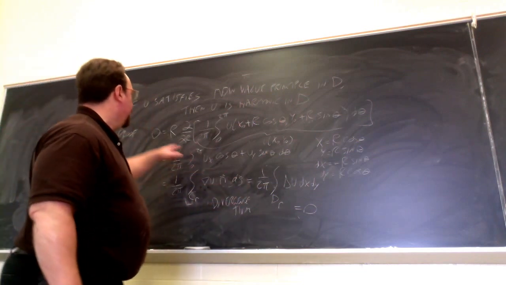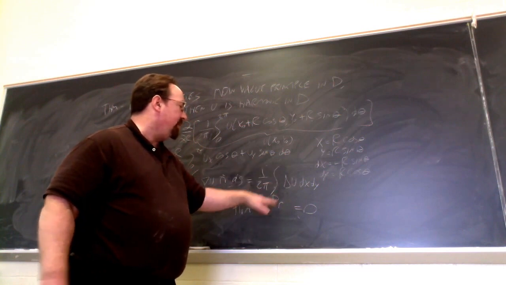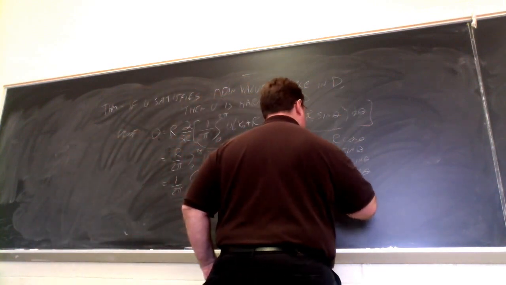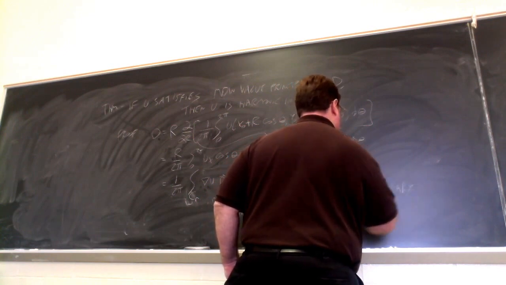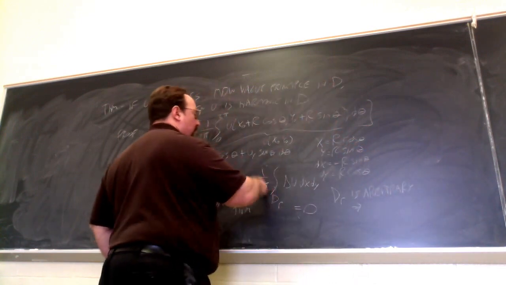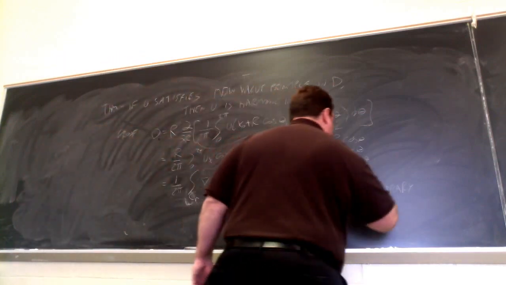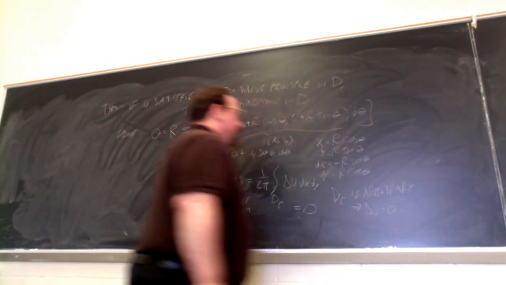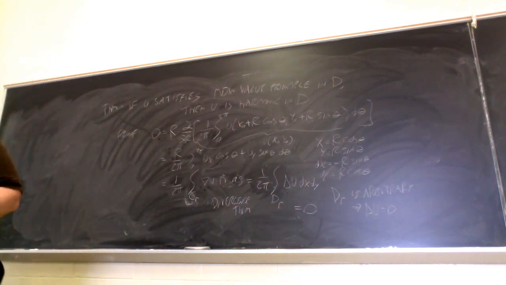And this is already known to be 0, but this is an arbitrary disk. The only way that this integral can always be 0, no matter what disk we use, is for the integrand, the Laplacian, to be 0. Therefore, it is harmonic.